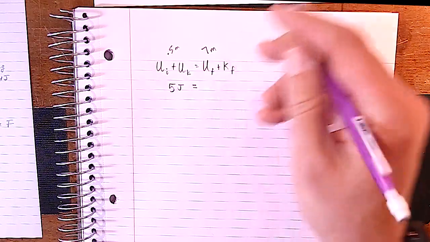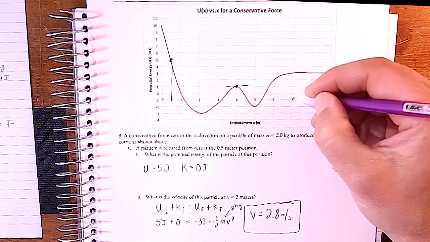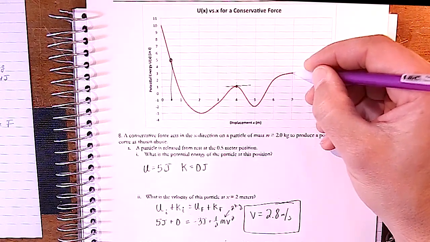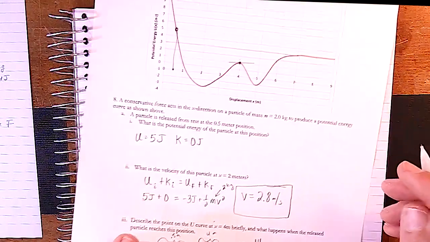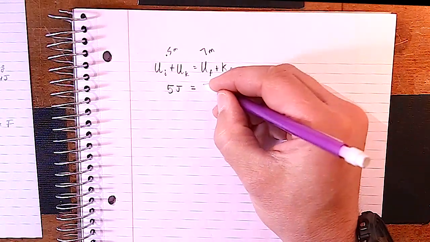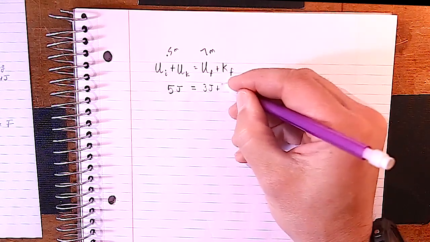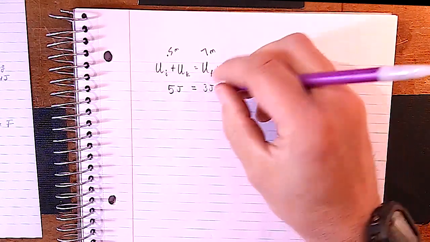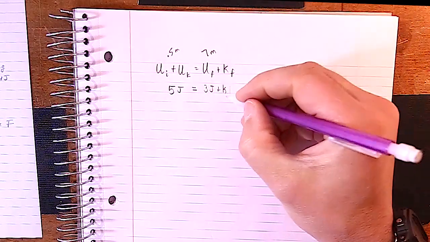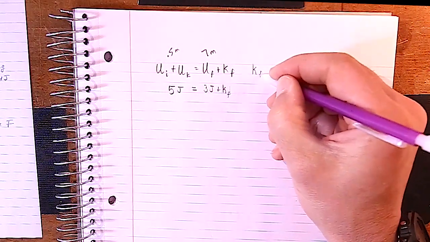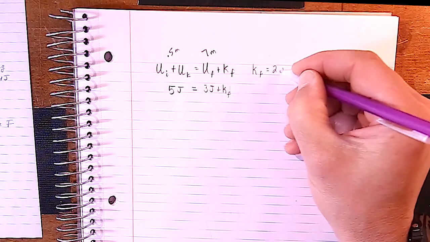And then at 7 meters, we need to look at the graph. Well, at 7 meters, the energy is 3 joules. So we have 3 joules plus K final. So what is K final? Well, K final must be 2 joules.